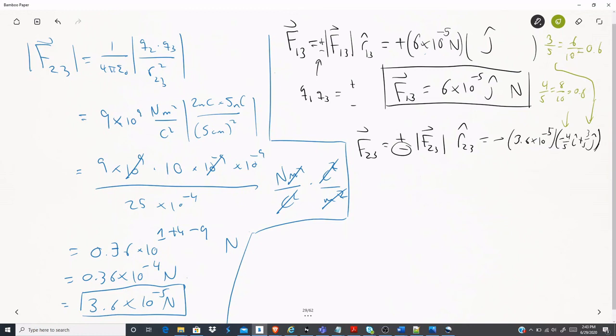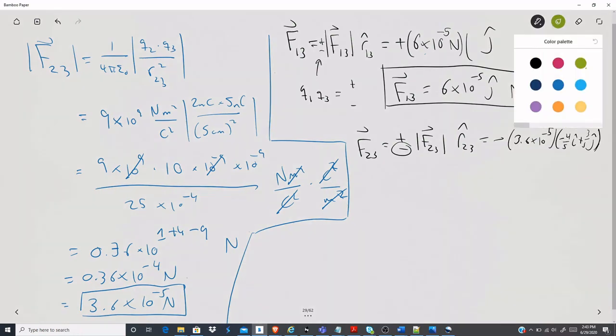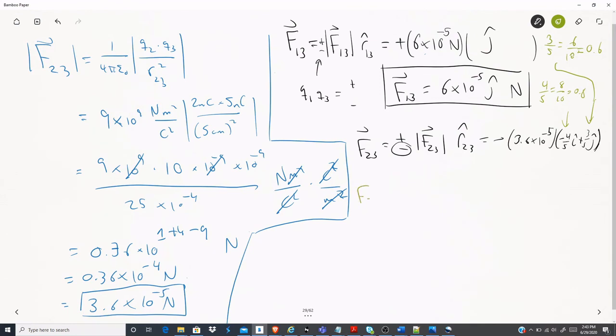So what I'm really computing is the force of 2 on 3. It's going to be positive 3.6 times 0.8 i hat, negative 3.6 times 0.6 j hat. And the whole thing will have units of newtons.